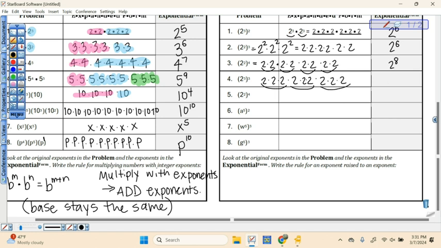How many total 2's? Have we figured out the rule so we can stop writing this all out? Because especially down here, it gets really crazy. What do you do?